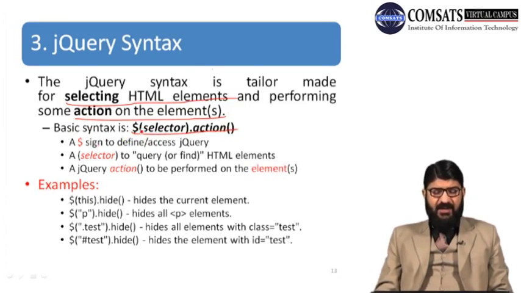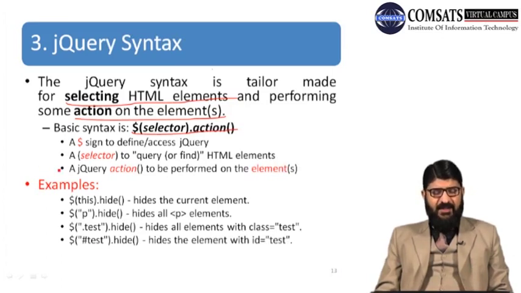So what does the $ sign do? The $ sign is basically used to define or to access jQuery. Whenever a $ sign is mentioned, it means jQuery is used, accessed, or defined. Then the selector is basically used to query, to find those particular HTML elements.